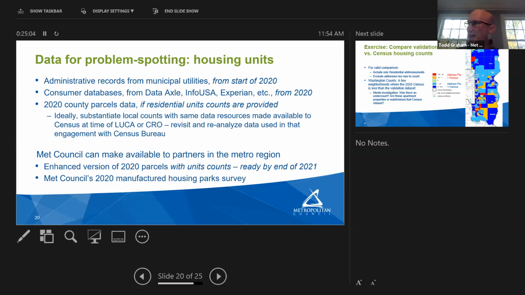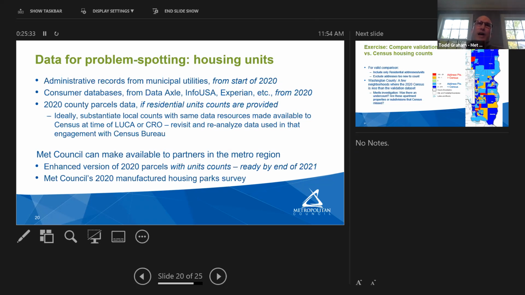If you're providing data that gets more than, let's say, a couple months away from April 1, then Census Bureau, you're giving them an opportunity to say your data is not the same point in time.